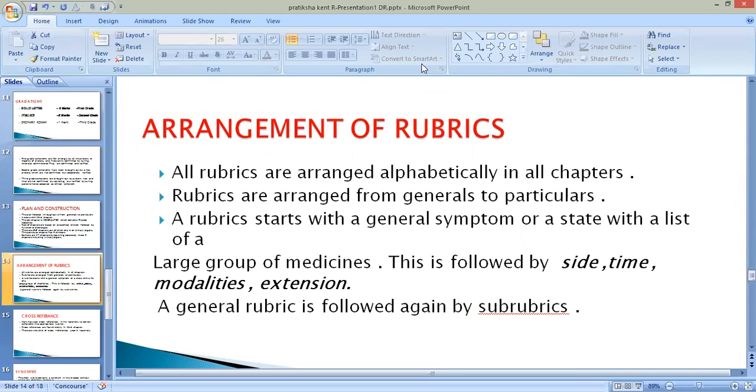While arranging the rubric, it is close to the margin line and it is printed in capitals of heavy block type.